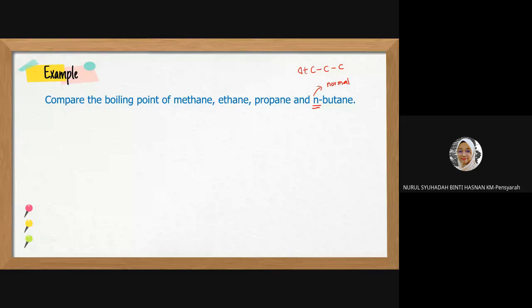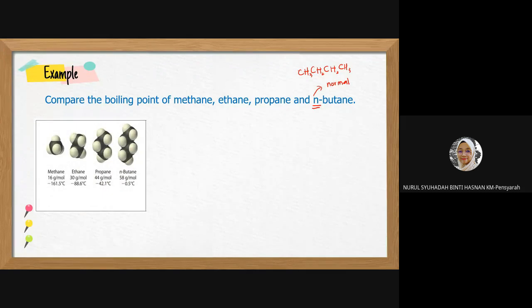Okay, so CH3, CH2, CH2, CH3. Nanti next semester awak akan tengoklah, okay, butane ni ada beberapa susunan. Okay, so kalau N-butane is just the normal butane. Okay, jadi dekat sini kita ada 4 molekul yang berbeza, yang mana methane formula dia adalah CH4.